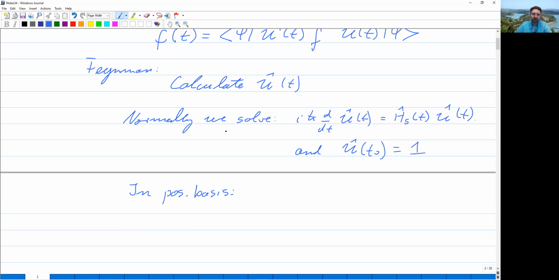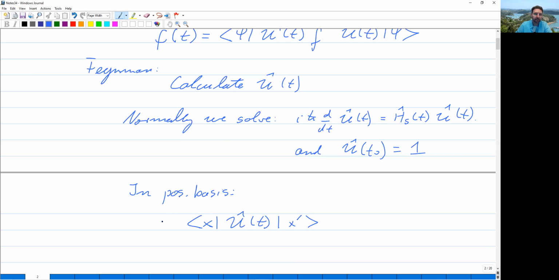In the position basis, the time evolution operator has matrix elements to the left and to the right. Now we're looking at the matrix elements of the time evolution operator by applying position eigenvectors left and right.